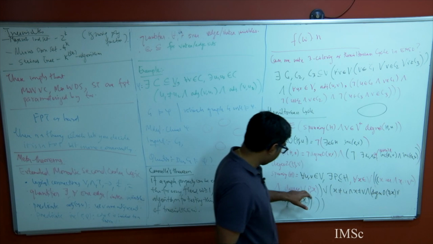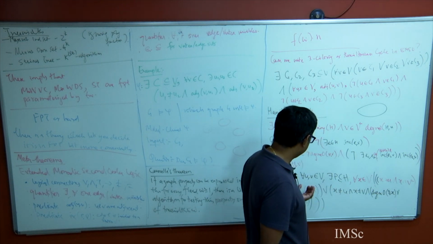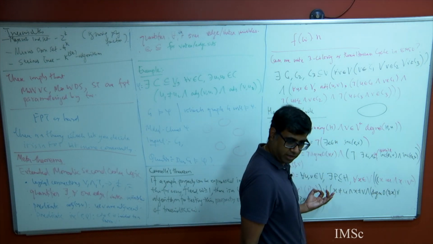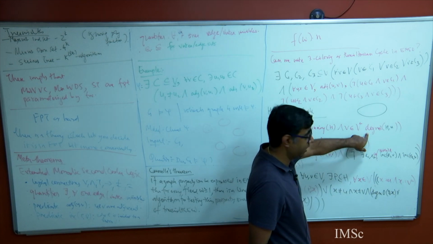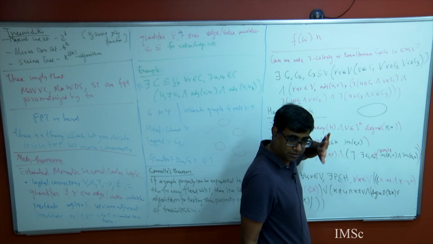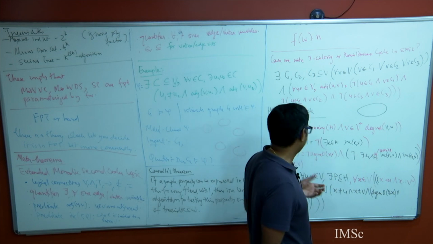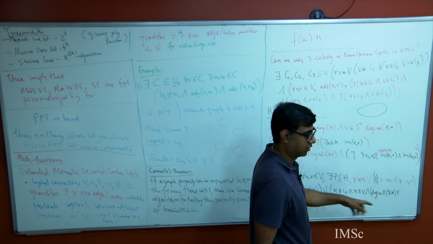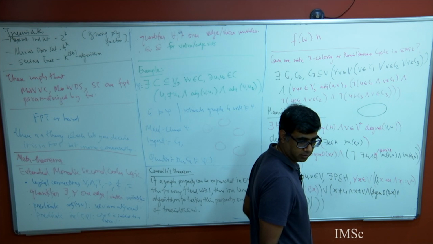So what is this trying to model is that whatever H you have got is connected, that's all, because this already guarantees you that every vertex has degree 2. So that is definitely a cycle. All I need is to guarantee that whatever set of edges I have is connected. So this is basically a connectivity predicate.